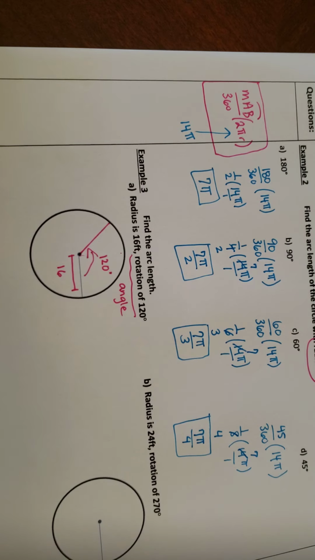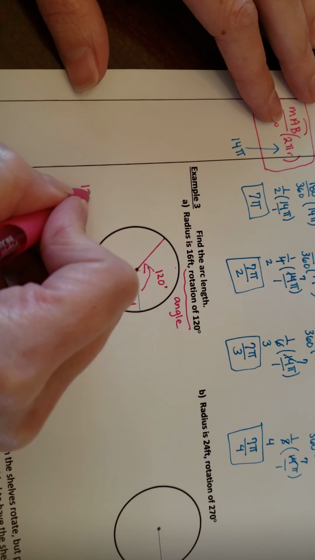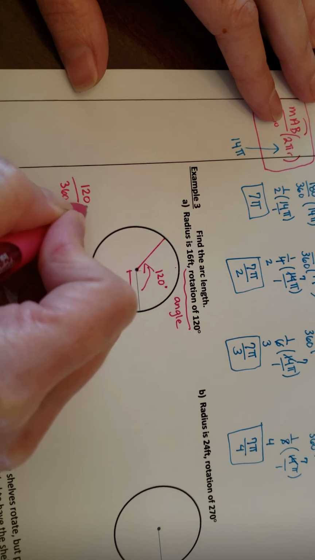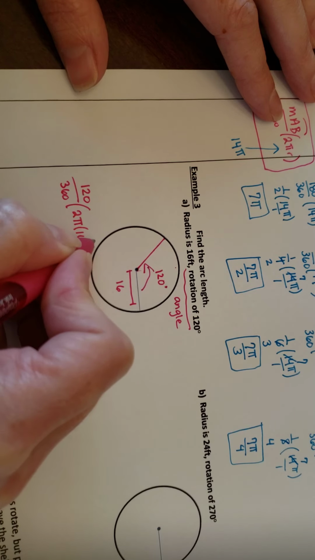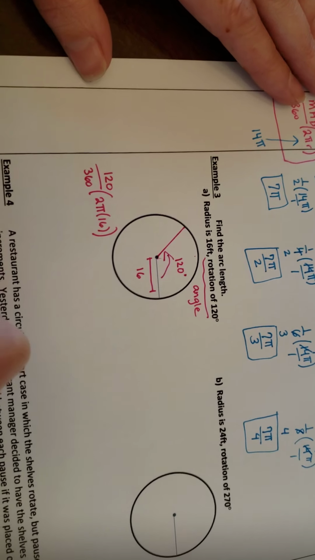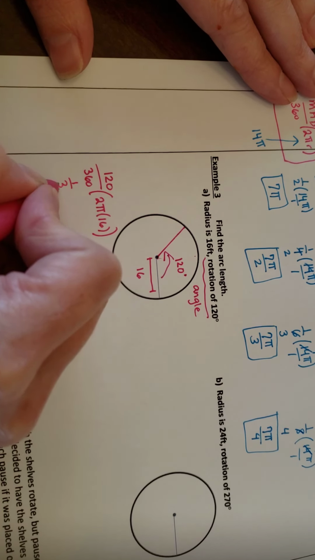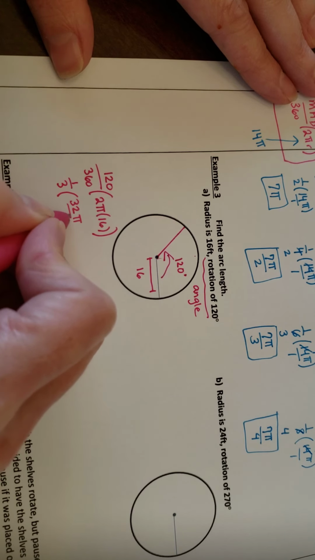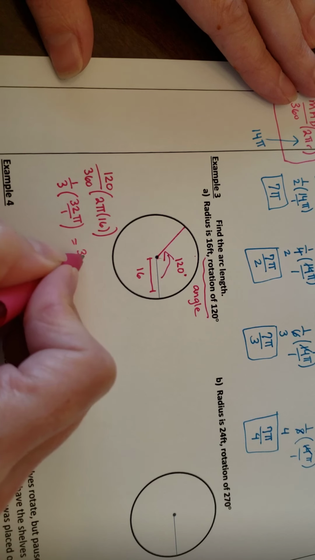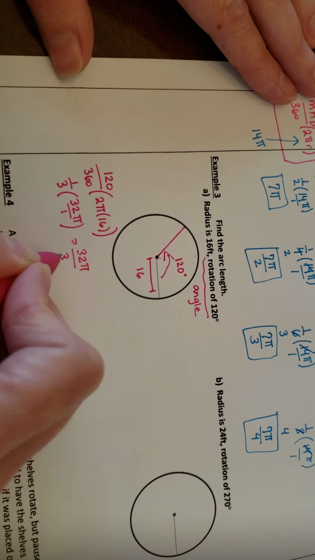Okay. And then we're just again going to use our formula. So our formula is 120 over 360 times 2 pi, and r is 16. You know 120 over 360 is just 1/3. And this will give you a 32 pi. Now nothing cancels, so I'm just going to write it on top, but for this problem, I do want you to work it out in a calculator.